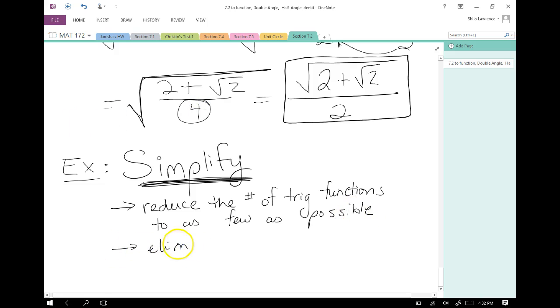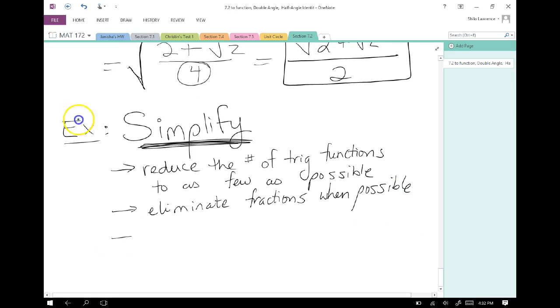Eliminate fractions when possible. And apply all possible identities, which is kind of a broad instruction, and it really requires you to be familiar with the identities to be able to recognize when you see a piece that can be replaced with an identity.